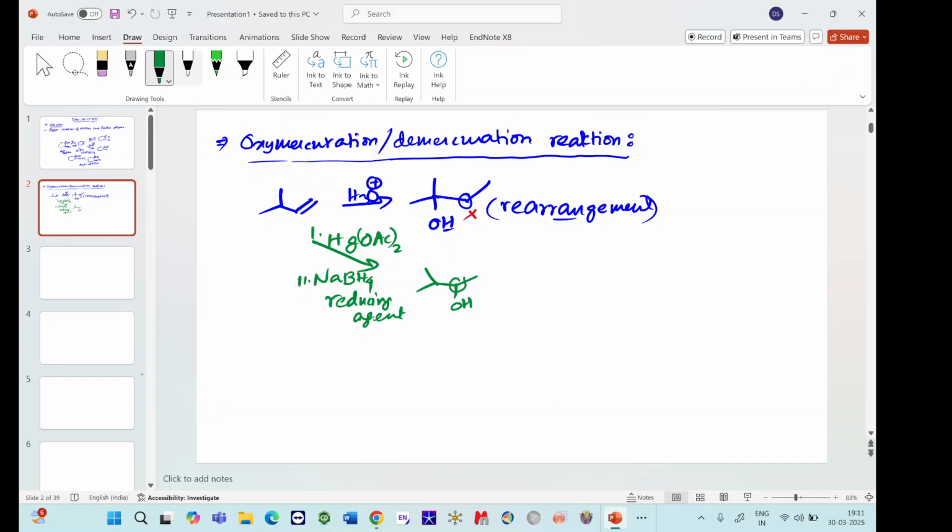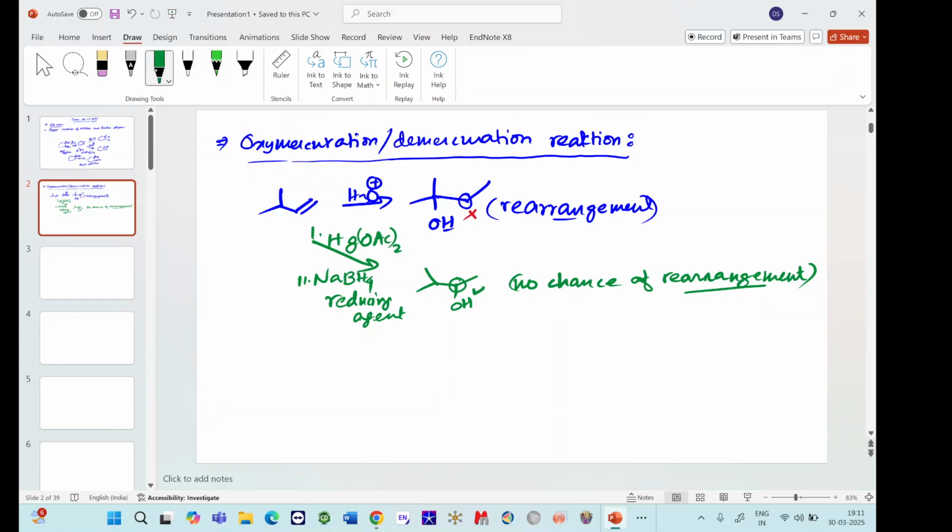This is your desired product. So here there is no chance of rearrangement. That is why people use this oxymercuration-demercuration reaction.